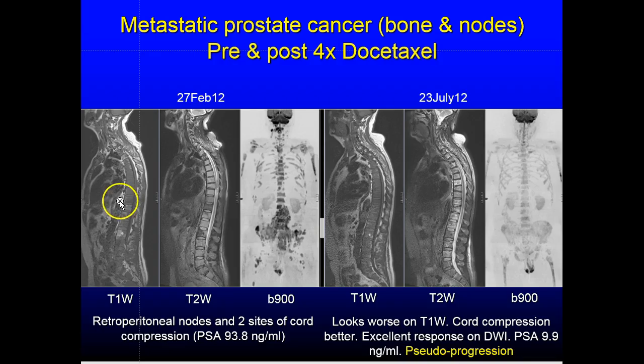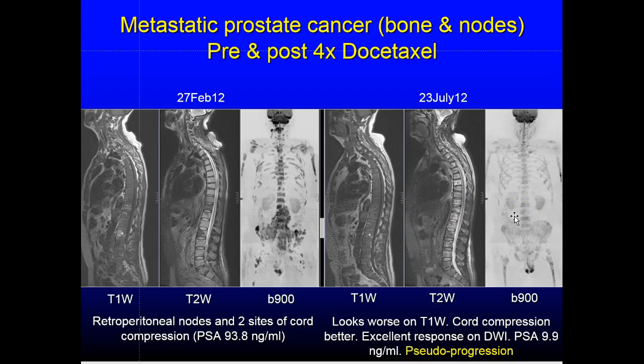You can see on the T1 sequence there seems to be even some disease progression. On the T2 you can see some relief of the cord compression, but on the diffusion sequence what we notice is a dramatic change in the signal intensity.